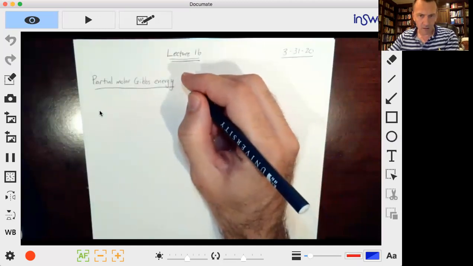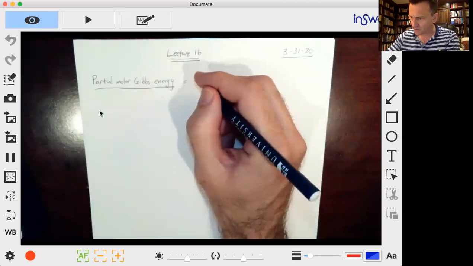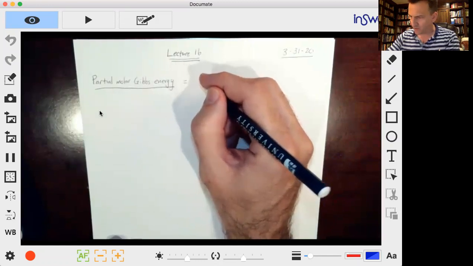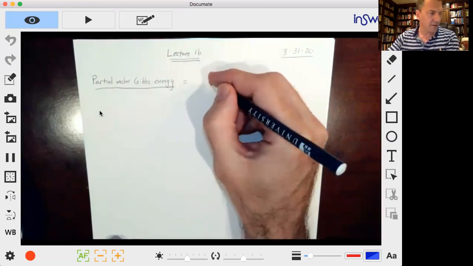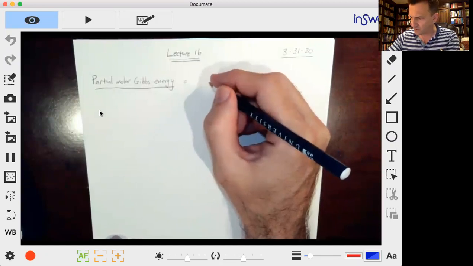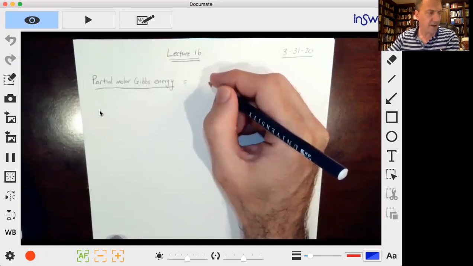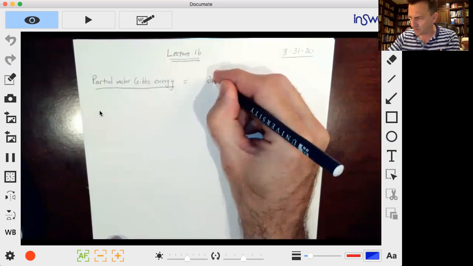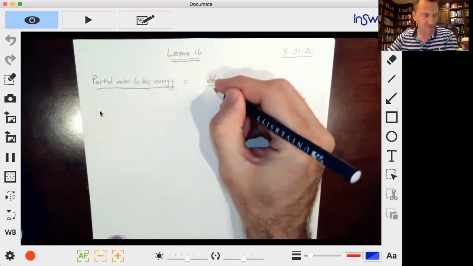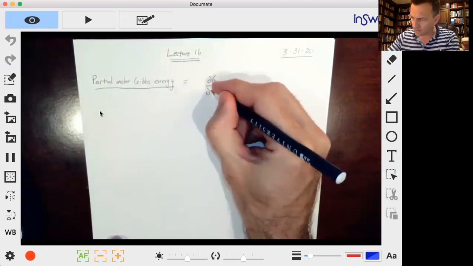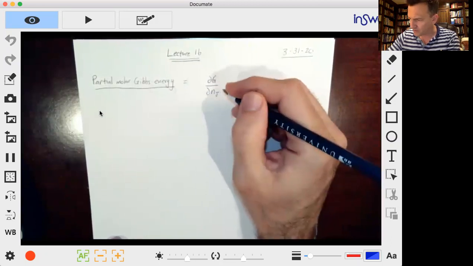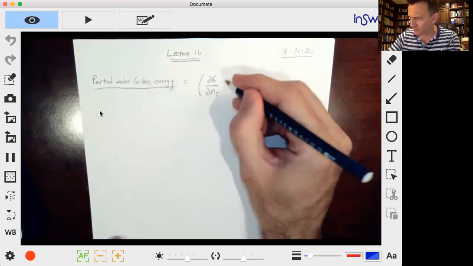You can probably guess already how this is going to be defined. It's going to be the change in the Gibbs energy when we change the amount of a particular substance, say substance J, holding pressure, temperature, and the other substances constant.